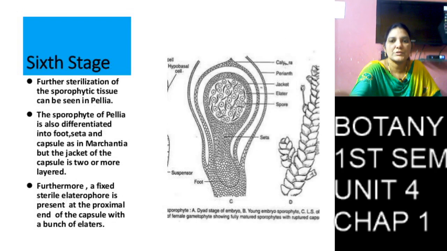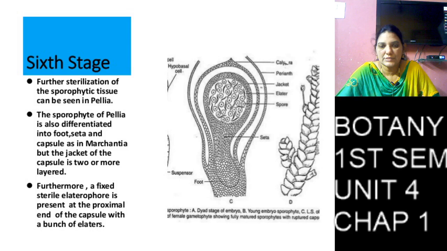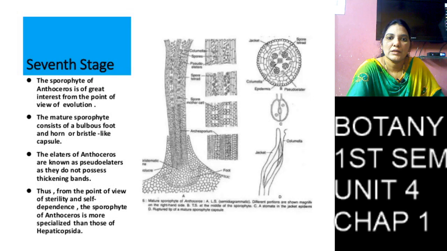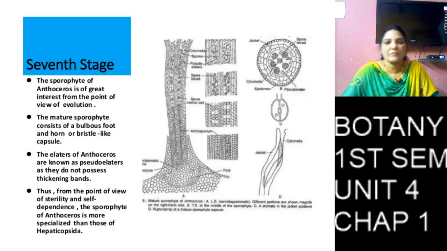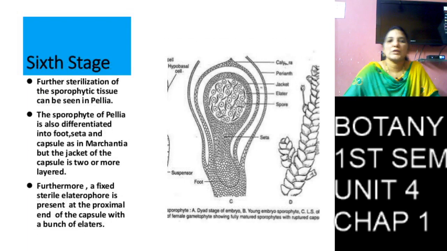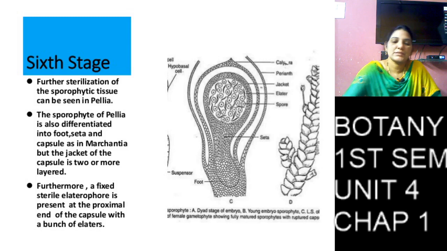So first we compare the Anthoceros and Pellia. Here columella absent, 3 to 4 layers of epidermis absent here, and pseudo-elaters also absent here. Meristematic tissue also absent here.